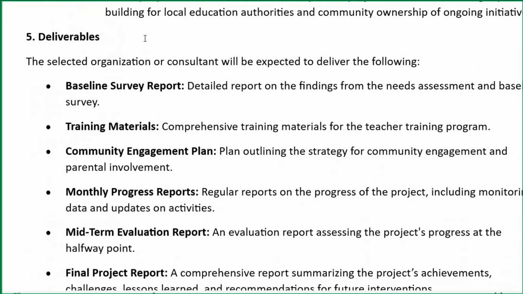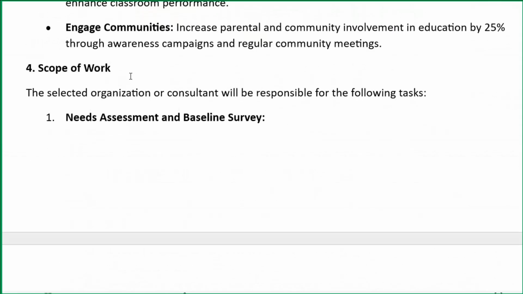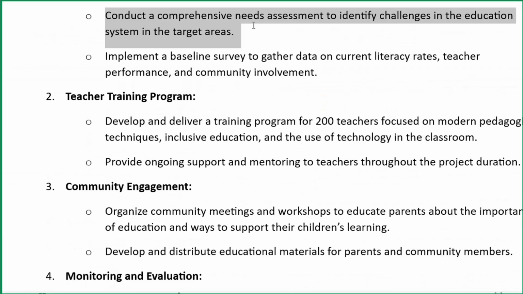In the TORs, deliverables are also given, that is, the final deliverables, if we say that the project has been completed or implemented. So these are the deliverables. For example, for the first task, as you remember, it was needs assessment and baseline survey: a comprehensive needs assessment to identify challenges in education.